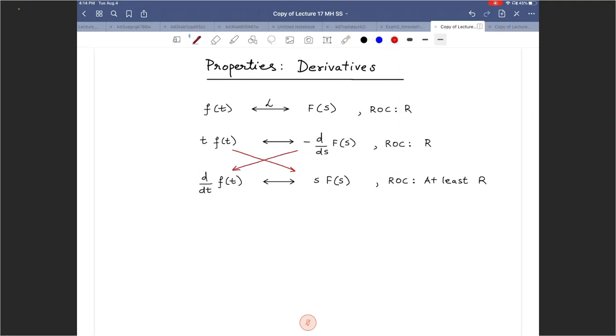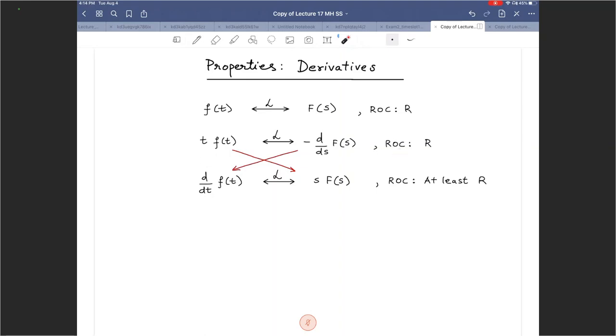These are all Laplace transform operators. And the region of convergence doesn't change when you differentiate the signal in the s domain, or when you multiply the time domain signal by t.